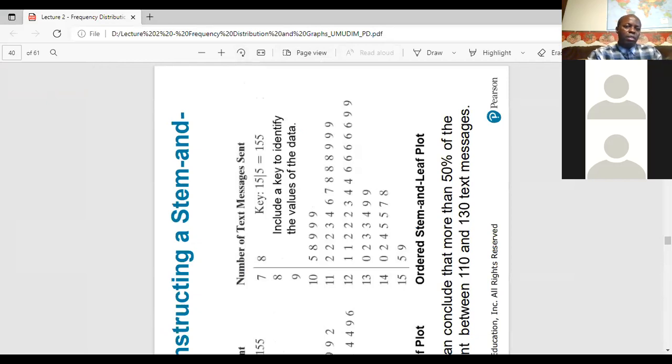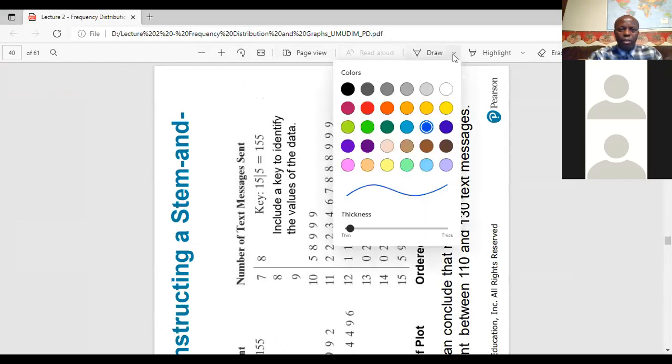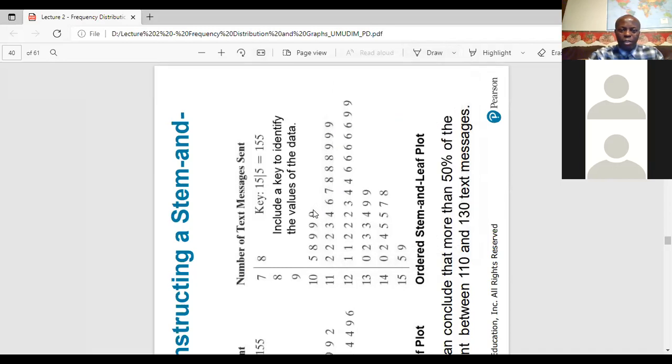Okay. I've rotated. Can you see this? You should put a line here. Let's see if it allows me to draw a line on this. It won't allow me to draw here because this is a PDF. But if you could draw a line here, you can see that this looks like a histogram.